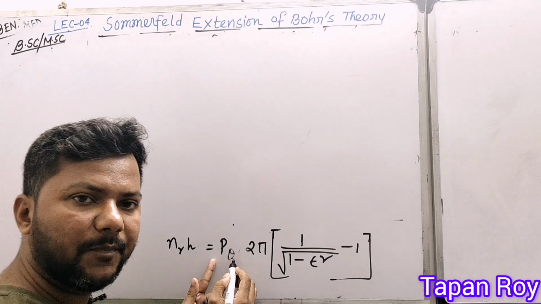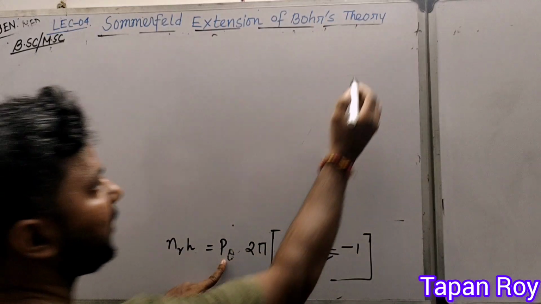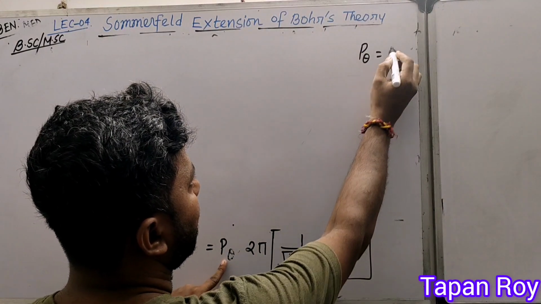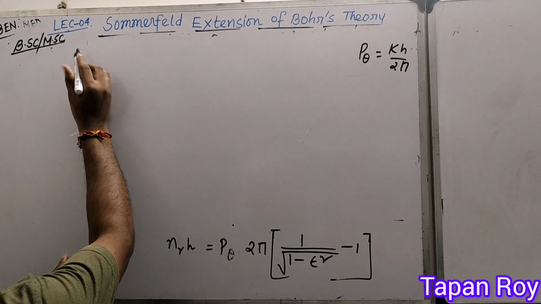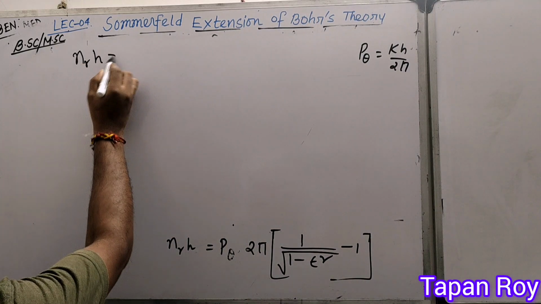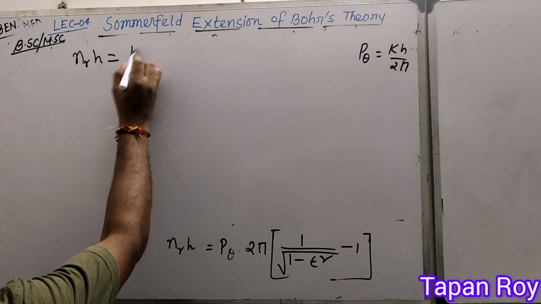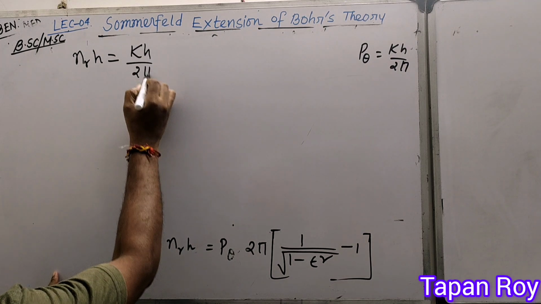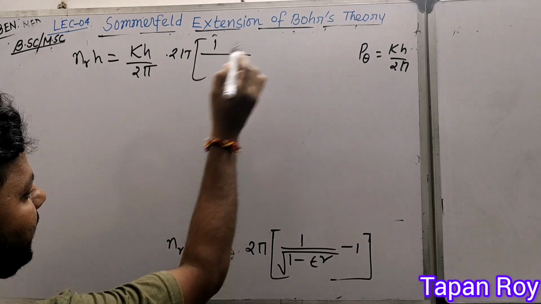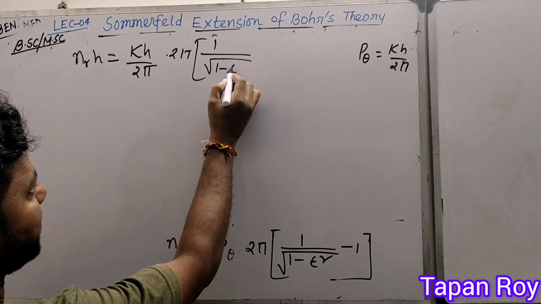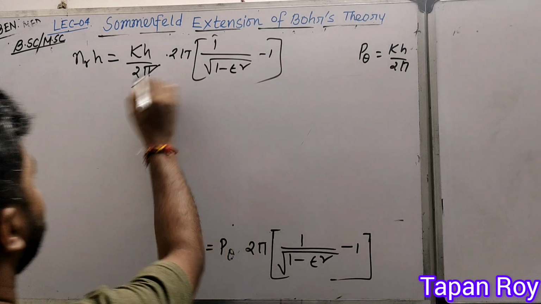So what is the value of p theta? The value of p theta is kh by 2 pi. So we put it here. Now nr into h is equal to k into h by 2 pi into 2 pi, into 1 by square root of 1 minus epsilon square minus 1. 2 pi is cancelled.